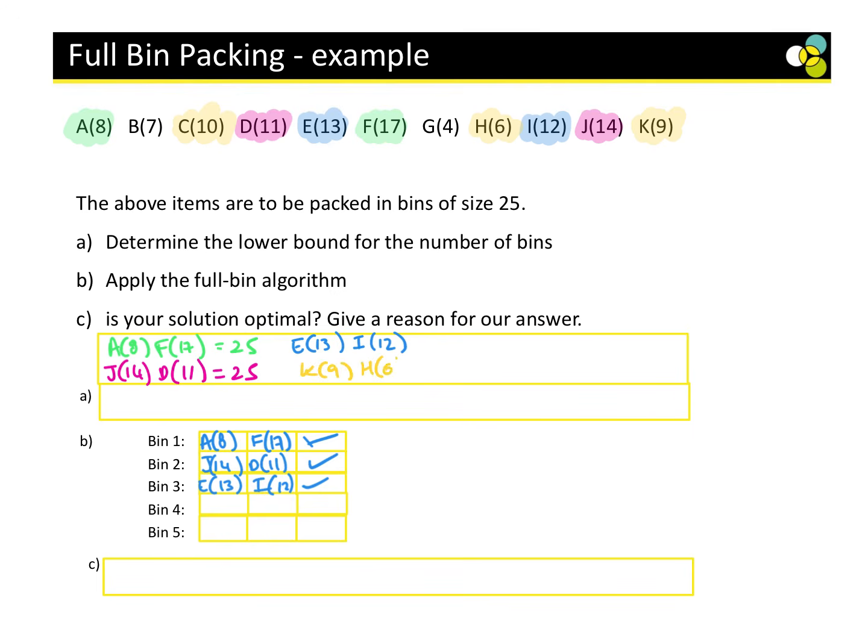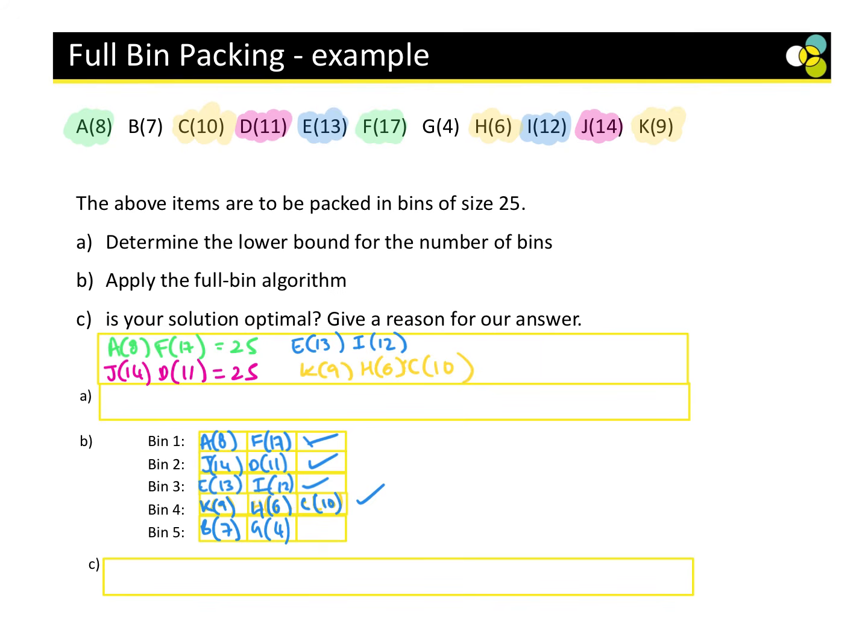K9, H6, C10. Perfect. And then obviously in the last one, we've just got B7, and G4. So there we go. We've managed to fill 4 bins on our own, and then the last bin we just put in first fit.